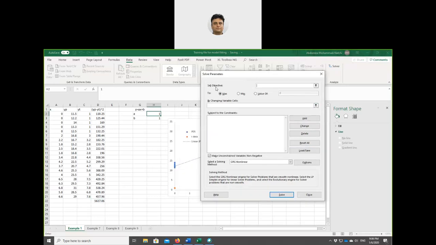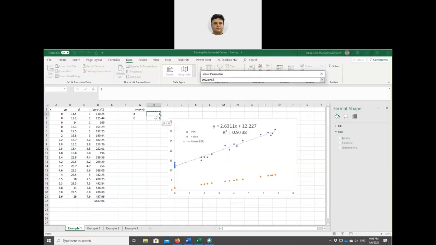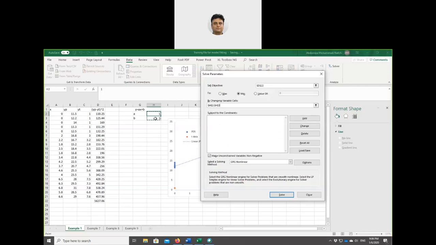Okay. So set the objective. Objective is here, D20. I want to minimize D20 by changing variable. Which variable do you want to change? A and B. Just click H2 and H3 like this one. So you can see it appears here. I want to redo again. The objective is here.